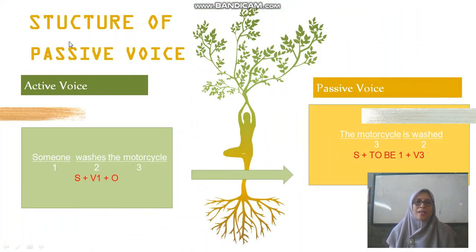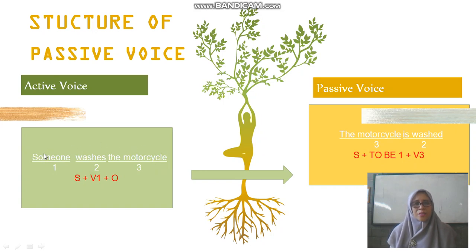How do we make a passive voice? Look at the structure here. When you want to change active voice into passive voice, first of all identify what kind of sentence it is. I mean, what kind of tense is used by the sentence.